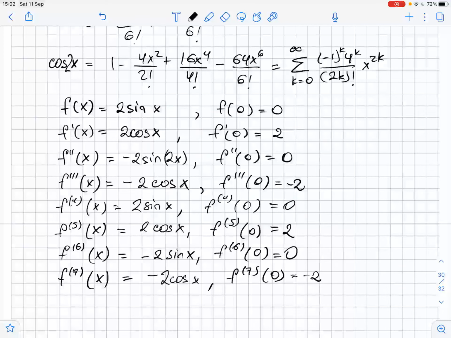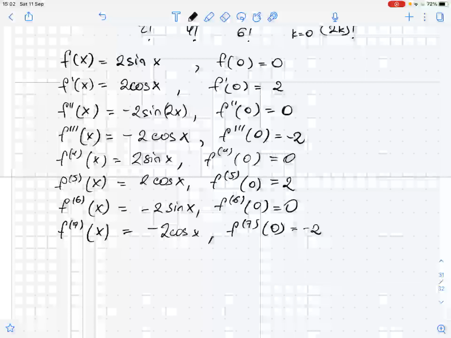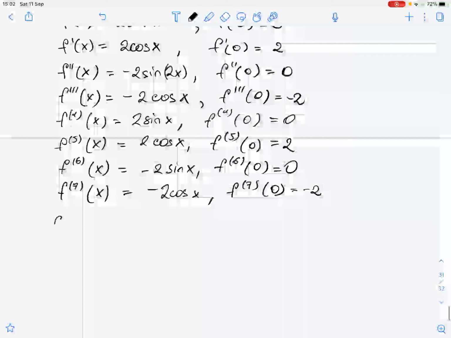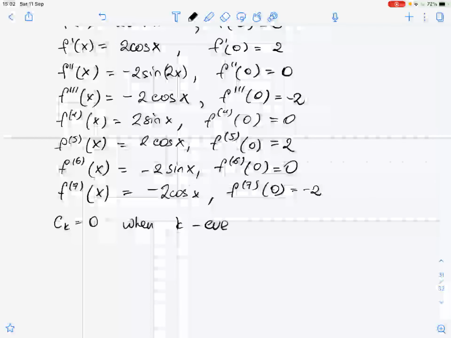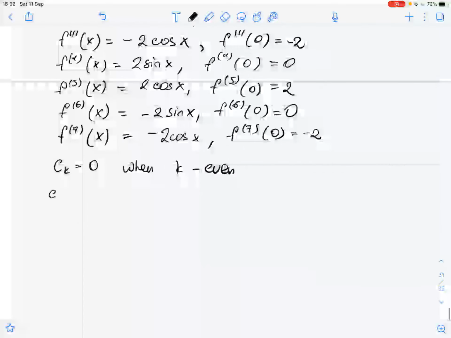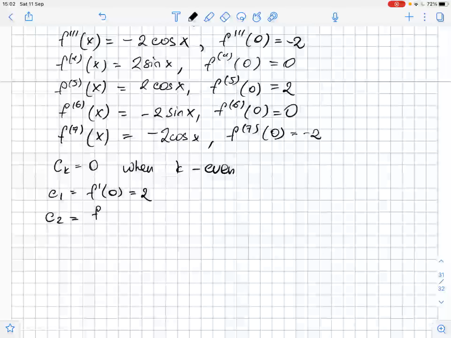Then the seventh order derivative at 0 equals -2. So we get that c_k equals 0 when k is even. When k is odd, then c1 equals f'(0), so it's 2.